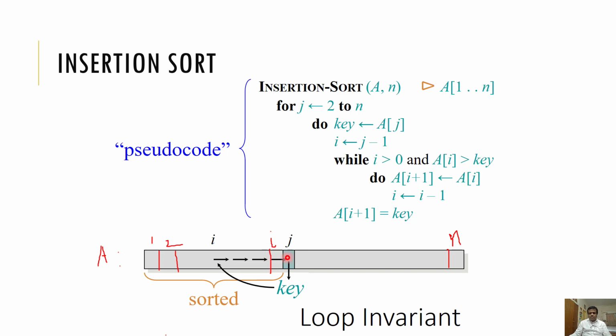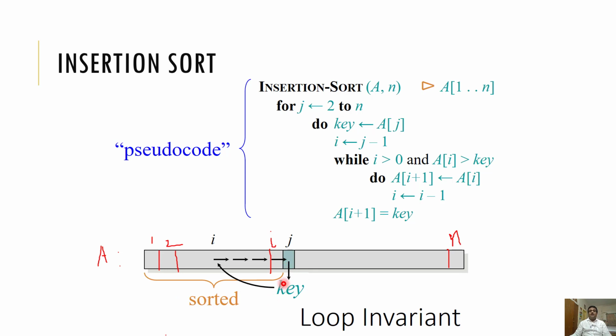Now, we compare these two values. Suppose this is 7 and aj is 9. If aj is greater than this, then we can increase j by 1, which is taken care of by the for loop. We do not need to do anything here, and we still have the loop invariant that this will be the new j, and up to j it is sorted.